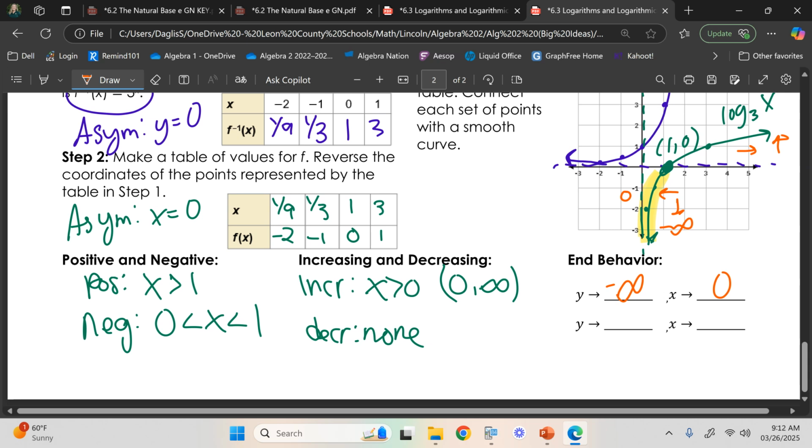Everything else is free range. It looks like it's leveling out, but if you keep looking at it, it's going to continue to increase forever. So they're both positive infinity. Forever right and forever up. Nothing is stopping it. Only the asymptote stops it from going left, which is an x value.